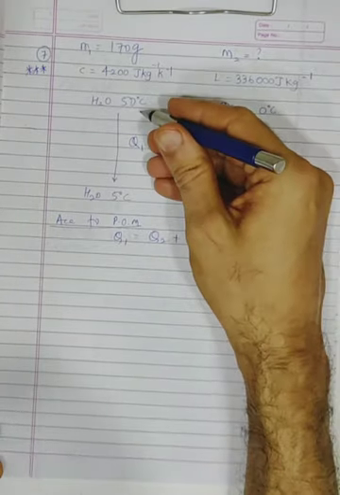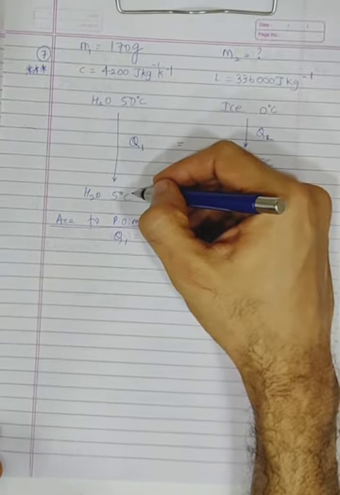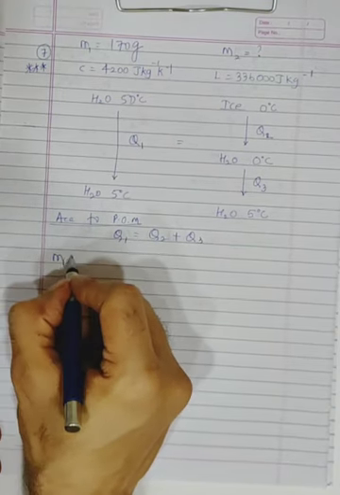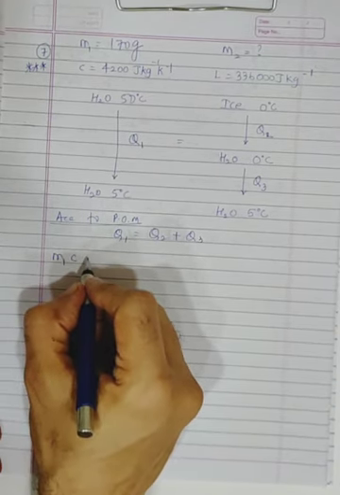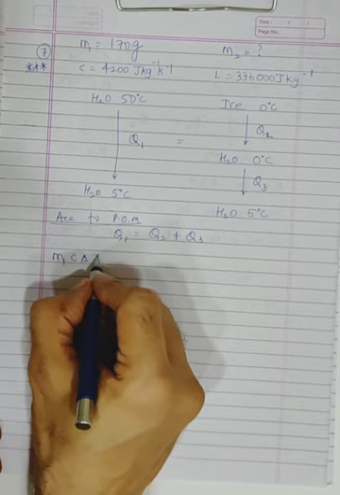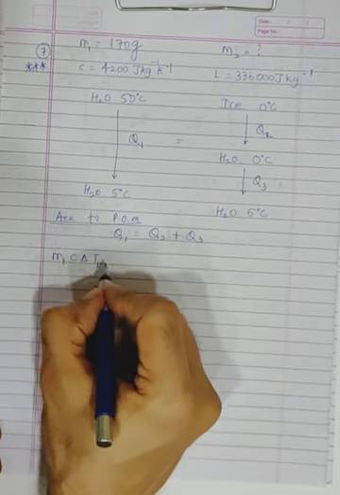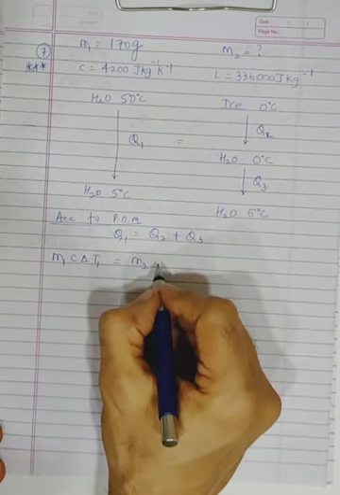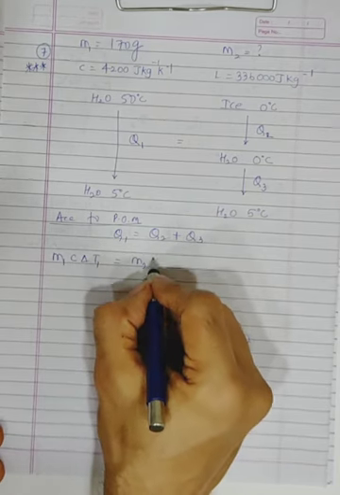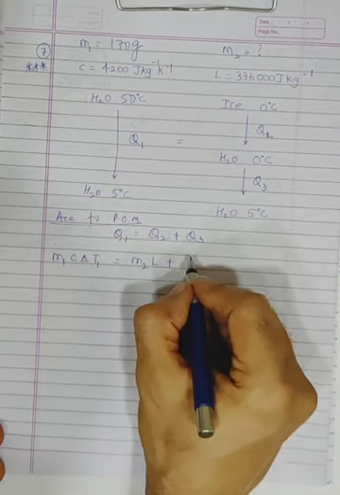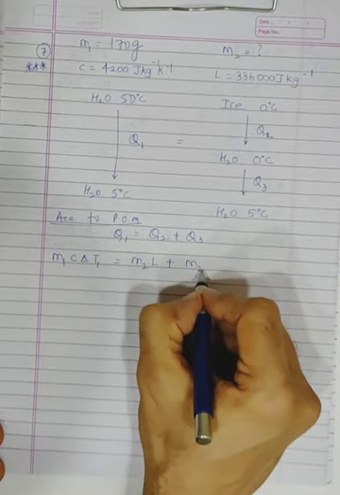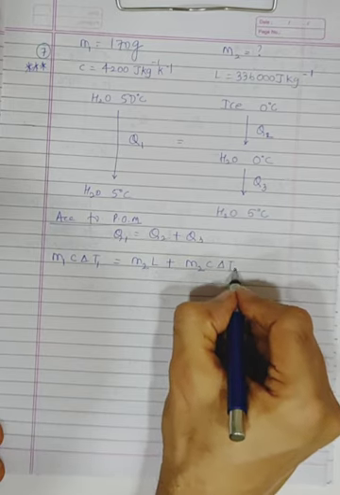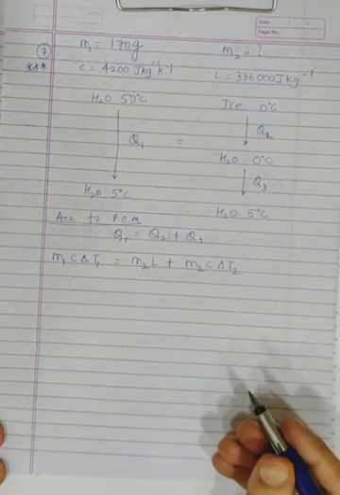Now Q1 is what? Water 50 to water 5. So Q1 is equal to M1 C delta T1. Q2 will be M2 L, plus Q3 will be M2, again C of water only, and delta T2. Now substitute.